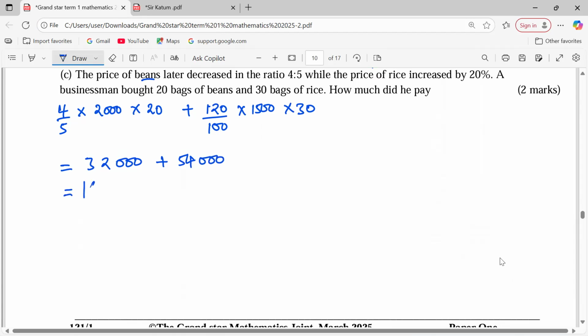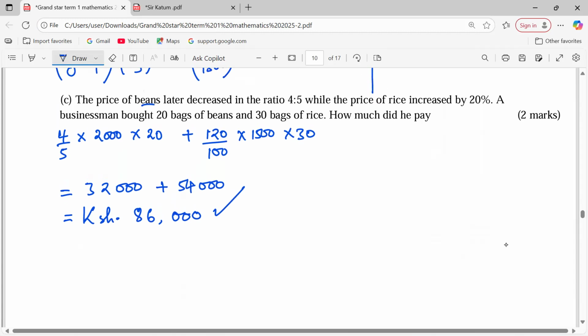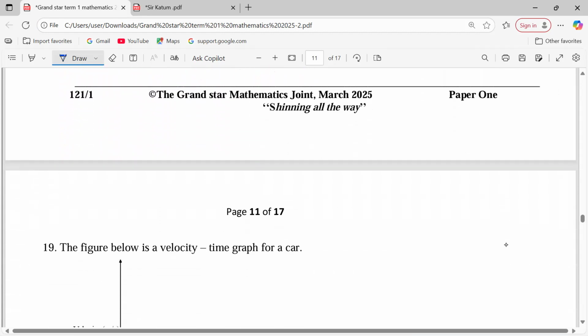Therefore, we shall have a total, when we add 32,000, of 86,000 Kenya shillings. 86,000 Kenya shillings. That is what this gentleman paid for the purchase.